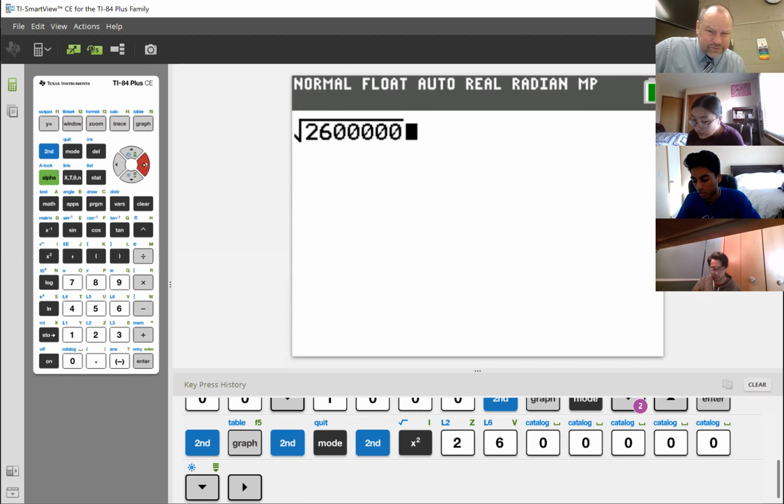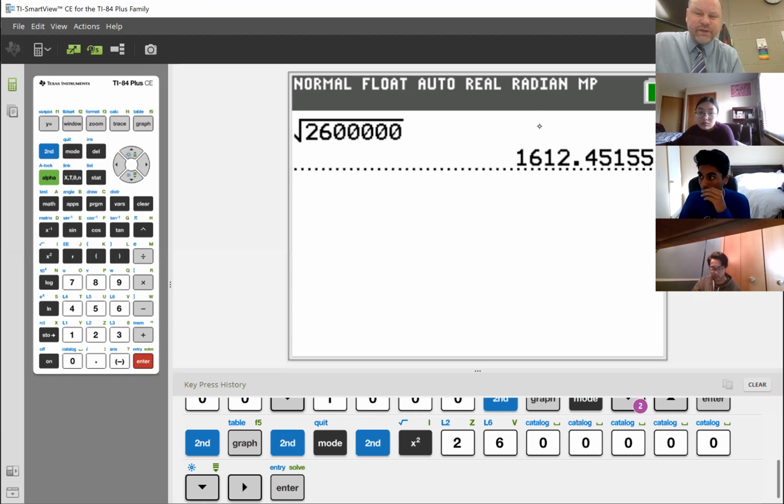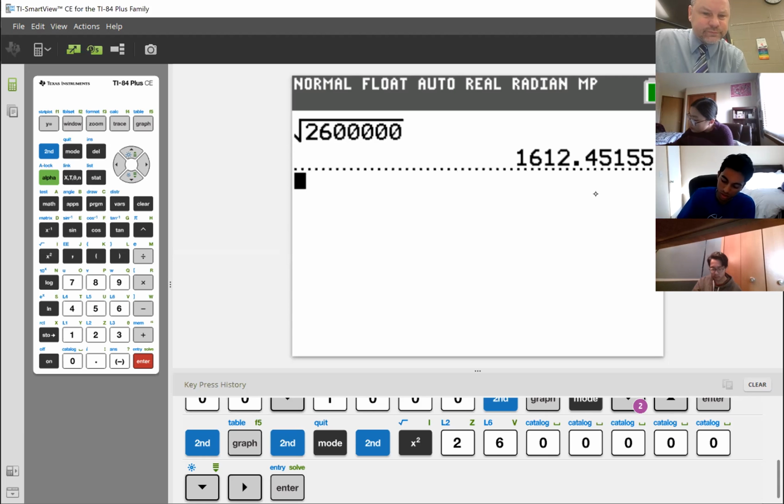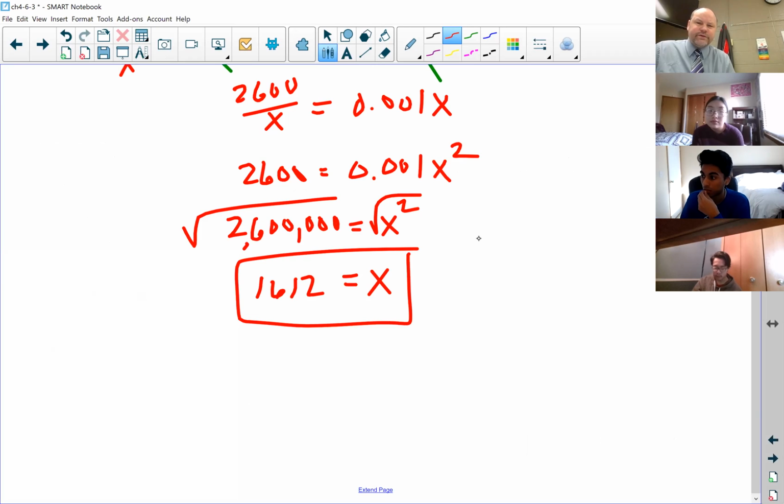I think that's right. So to minimize the average cost, we should produce 1,612 units. And we'd have it.